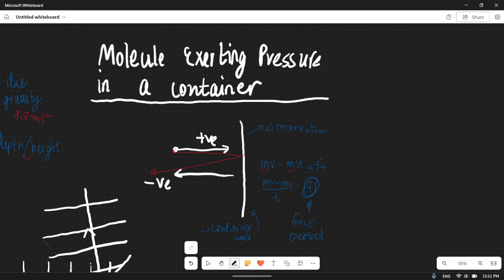So when they hit the surface in a given amount of time, they exert a force, and you know that pressure is basically force over area. So we have an area at the point where the molecule hits, and we know it exerts a force. So force over area exerts pressure on the walls of the container.